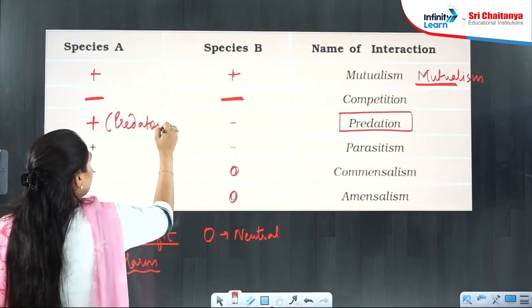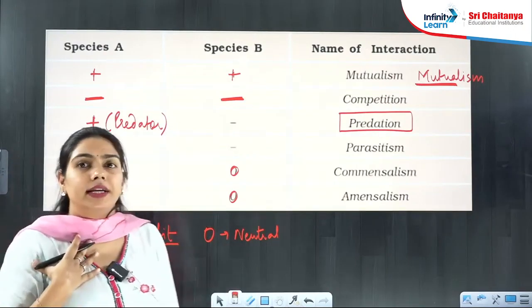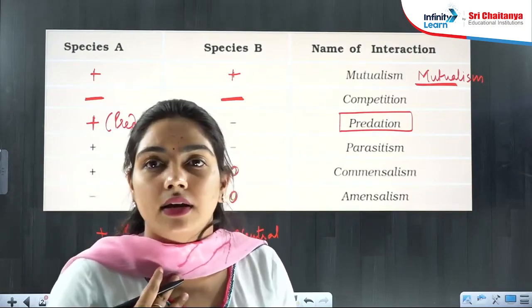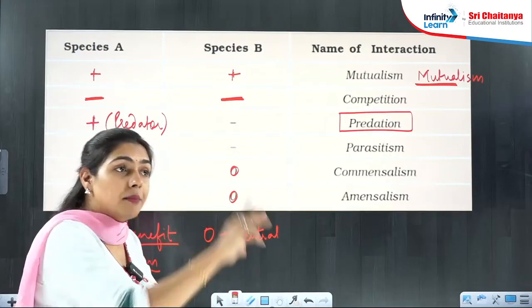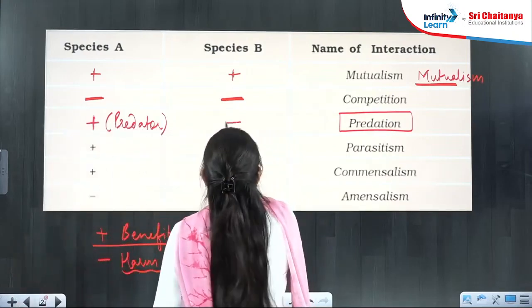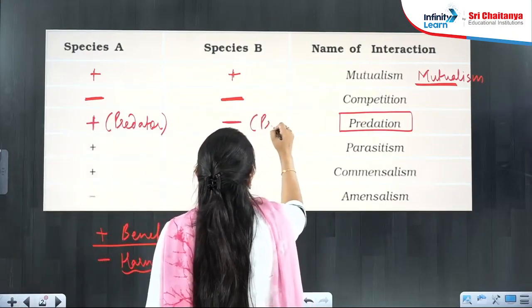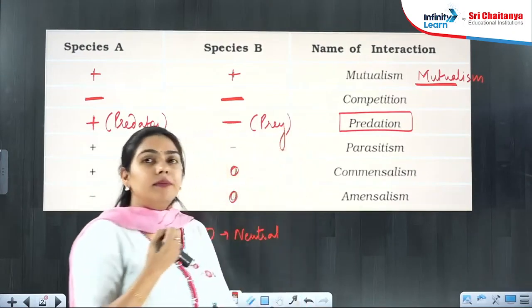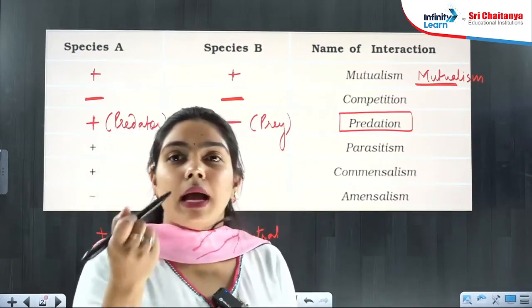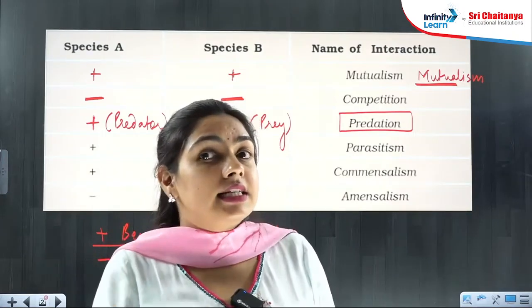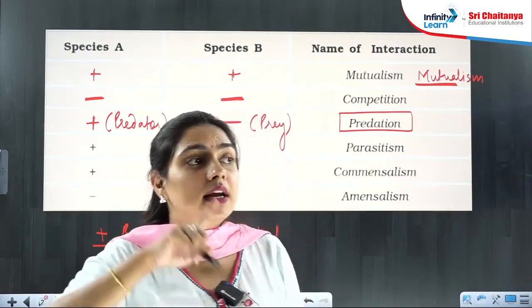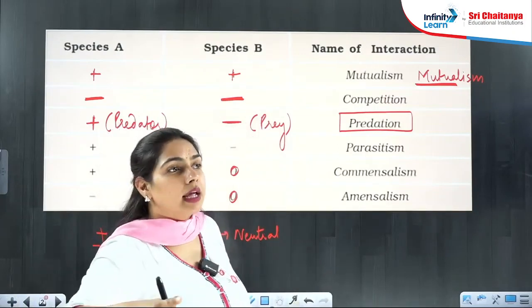If we are eating chicken, we are predator. The one who is getting the harm is the prey. If I am eating chicken, chicken is the prey and I am the predator. If lion is eating deer, lion is the predator and deer is the prey.